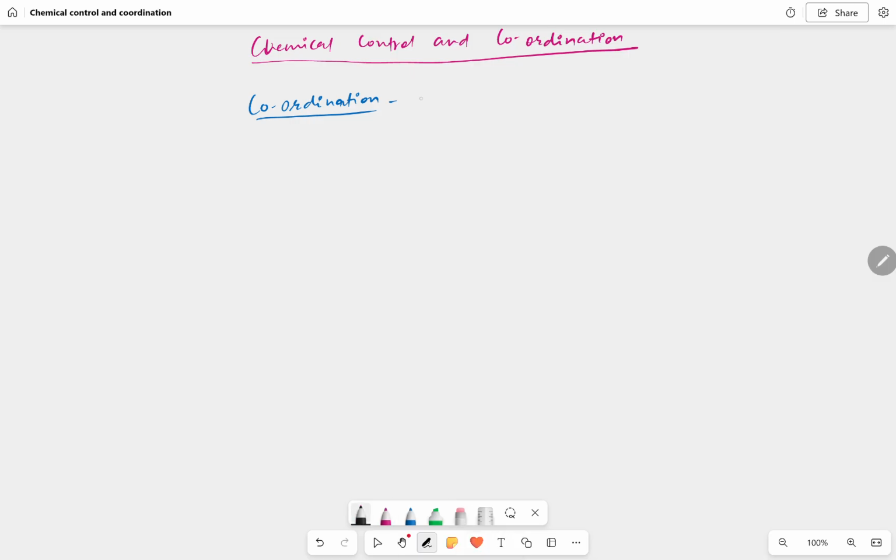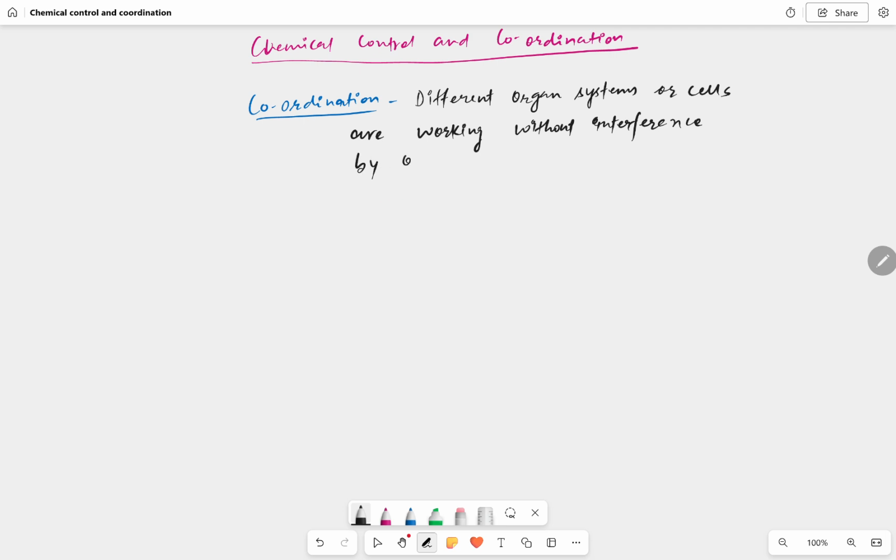So what is coordination? Different organ systems or cells working without interference by others.